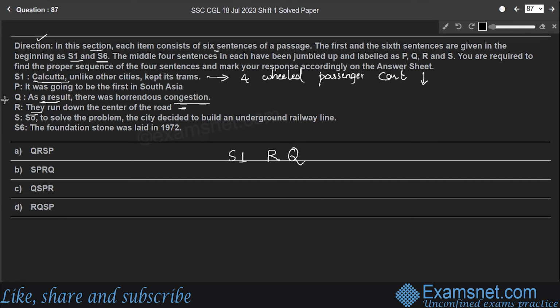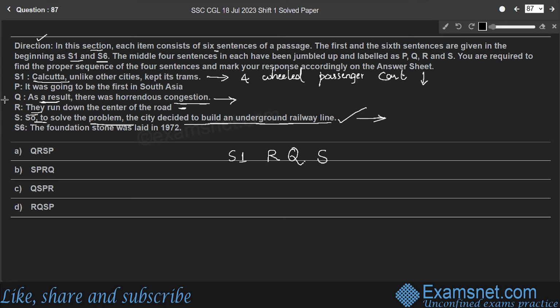Next comes S: so to solve the problem, the city decided to build an underground railway line. Therefore, S comes after Q. The sentence S explains the solution for the congestion because of the trams. Therefore, S comes after R and Q.